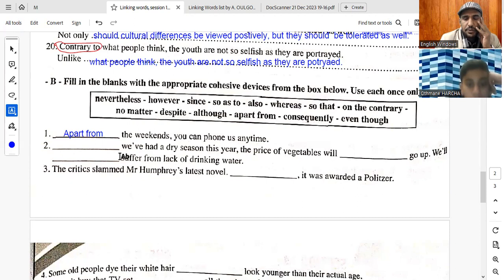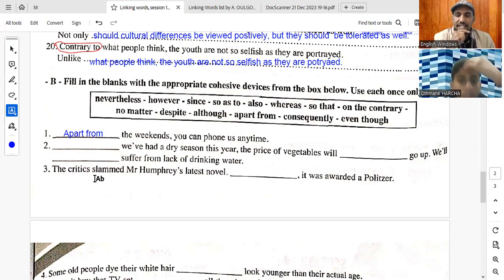We have three linking words needed here, so let's start with number one. We've had a dry season this year, the price of vegetables... Since we have a dry season this year, that's the result. On the contrary? No, with on the contrary we express contrast; here we want to express causality. We have one cause, the drought of this season, which leads to the result, the rise in the price of vegetables.